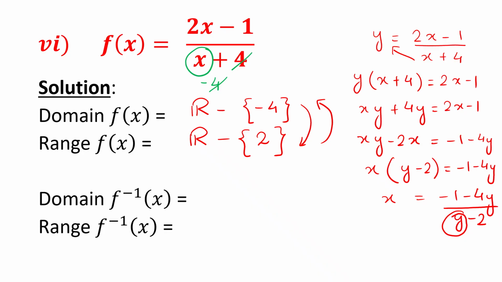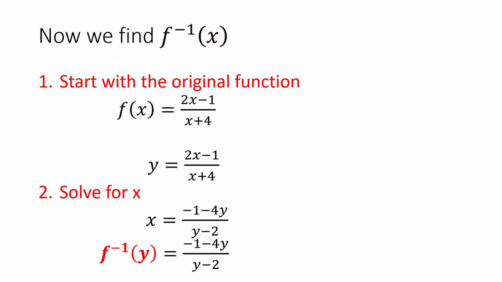For the inverse function, swap these. Now we find the inverse of the function. For this, start with the original function and write this f of x as y, because f of x and y are equal.